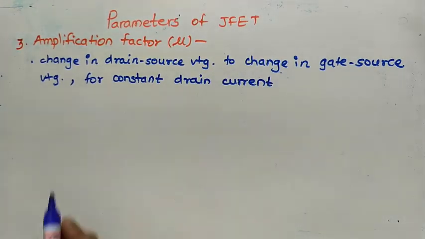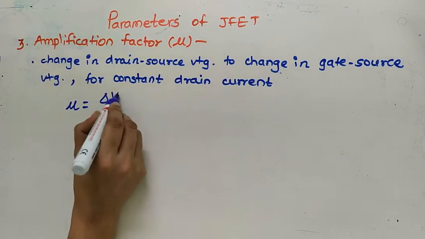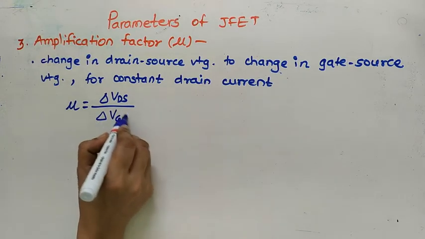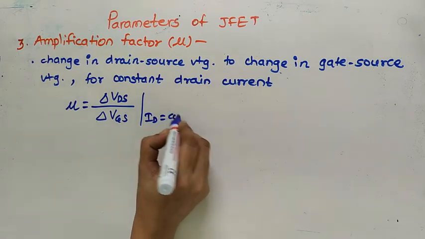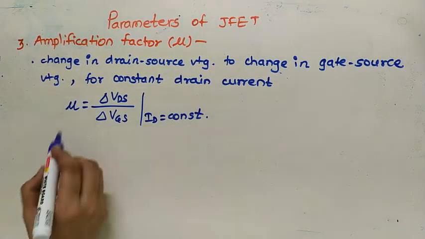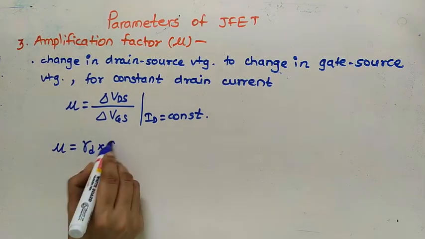So from that we'll get mu is equal to change in VDS voltage with respect to change in VGS voltage when our drain current ID is constant. And this value of mu is also given as small rd into Gm.